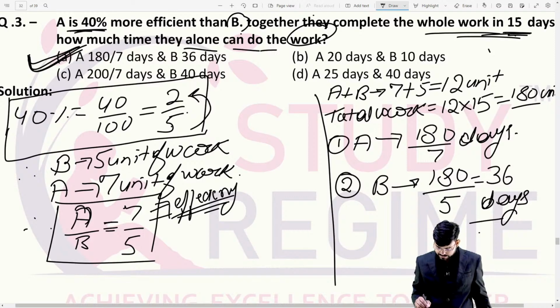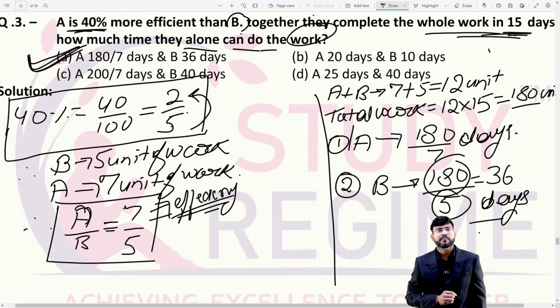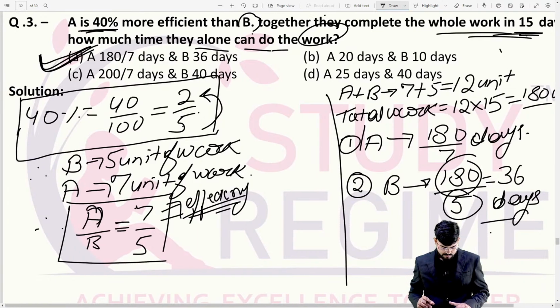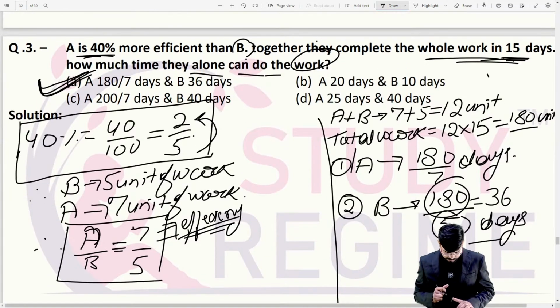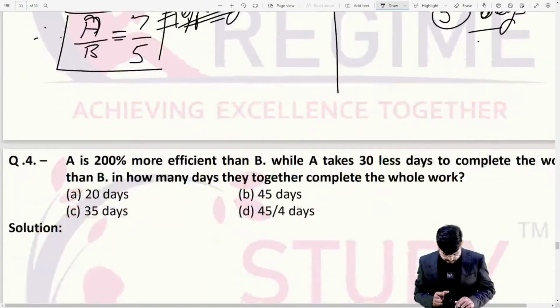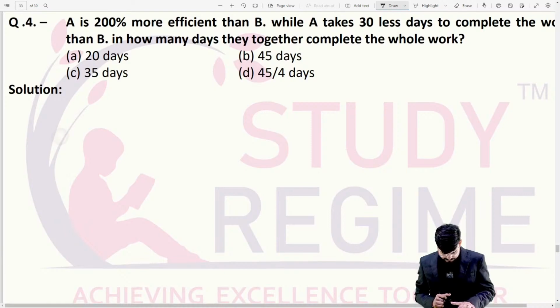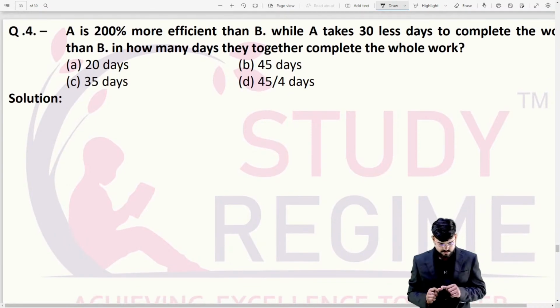But if A is working alone, how many days will A take? Total work divided by his efficiency, and similarly for B. Clear? Very easy question. I think you are all familiar with these questions, so you can solve them on your own. Okay, let's proceed with the next question.